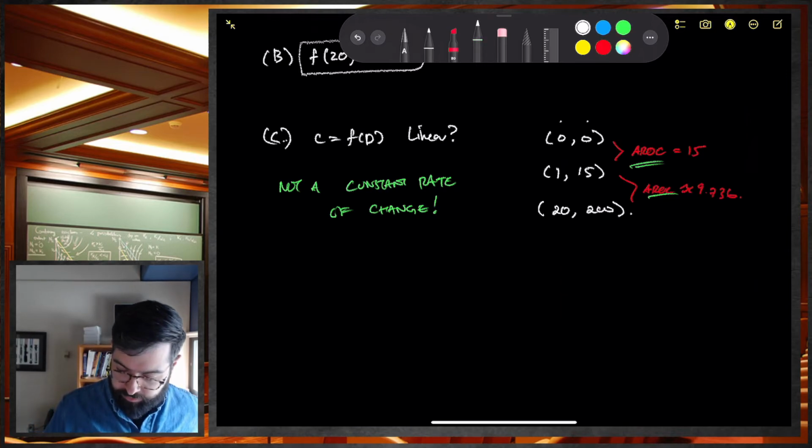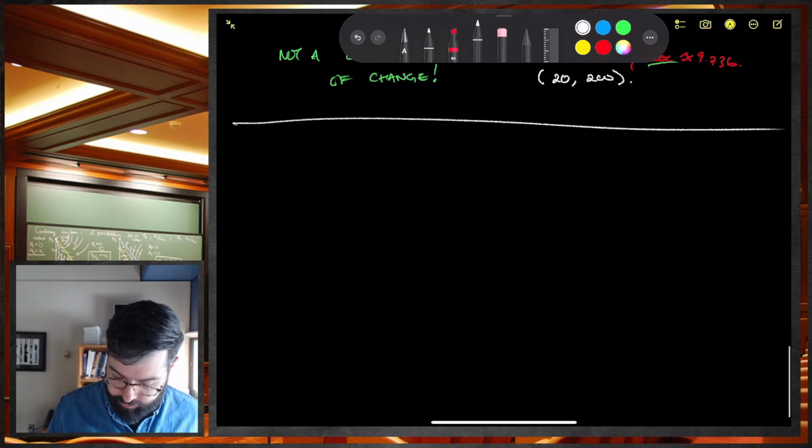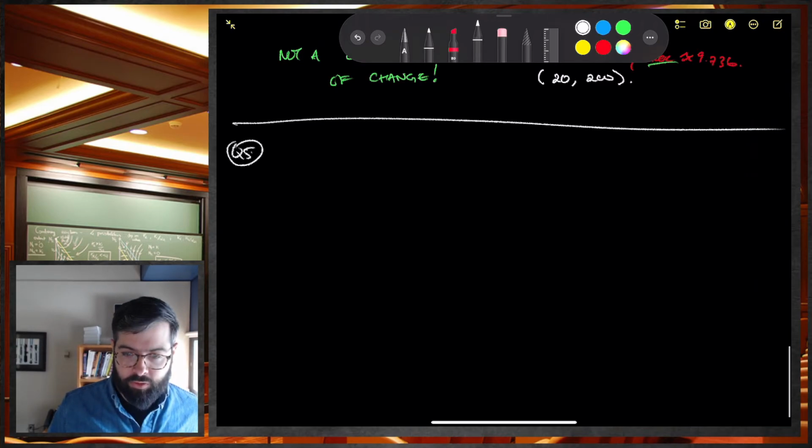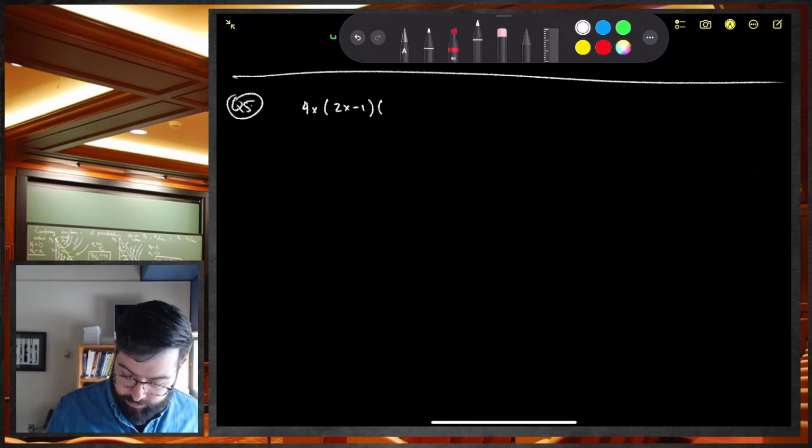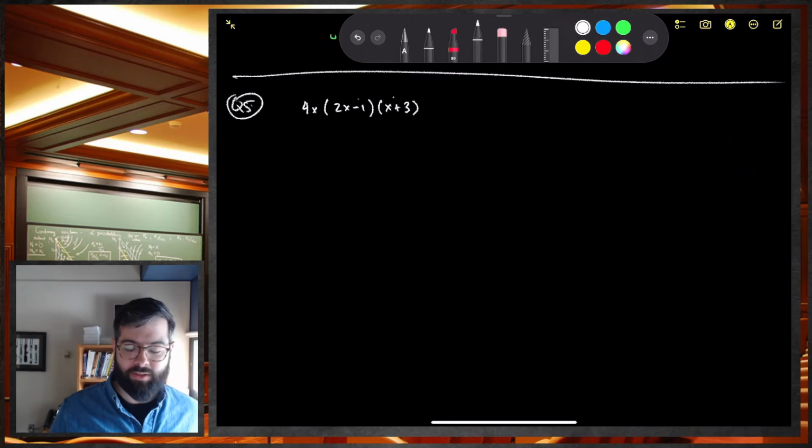All right, question 5 and then question 6. So question 5 is to show your process on a triple product here. So again, multiple ways you could go about this. What I'm going to do is actually multiply the doubles together first.